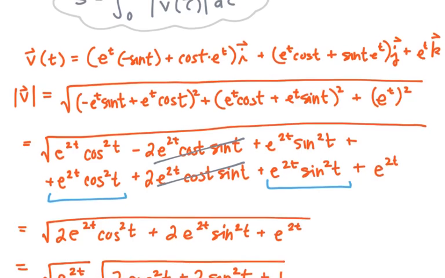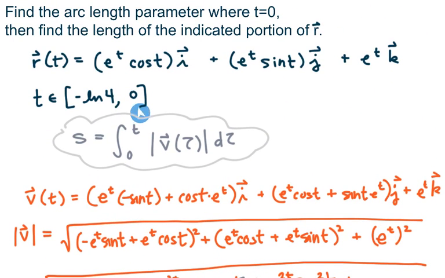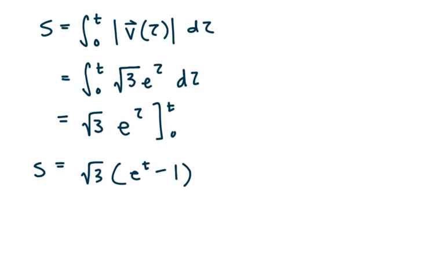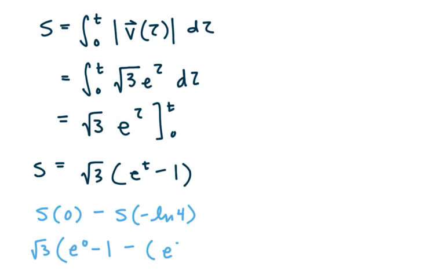And remember now, we wanted to find that length from t equals negative natural log of 4 to t equals 0. And so that distance traveled is going to be s of 0 minus s of negative natural log of 4, which I'll pull that root 3 out in front, and I end up with e to the 0 minus 1 minus e to the negative natural log of 4 minus 1.